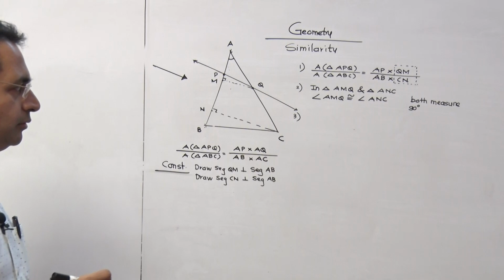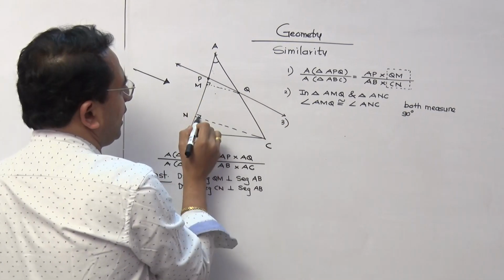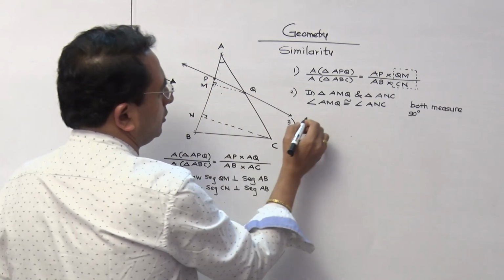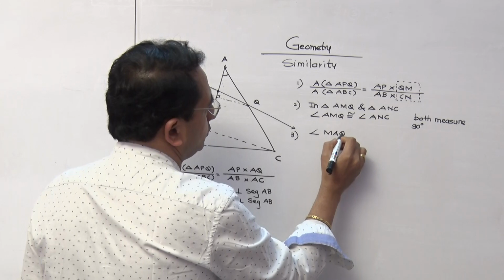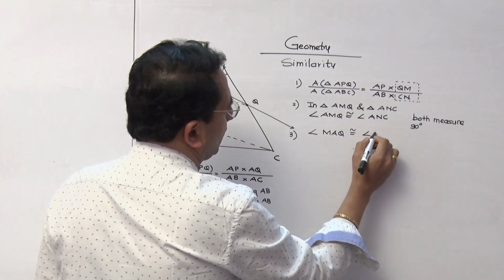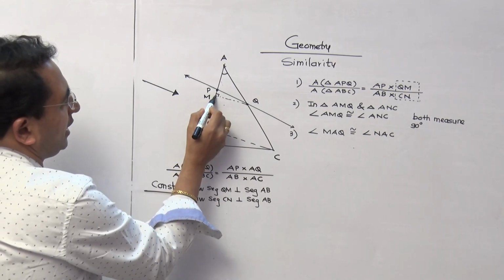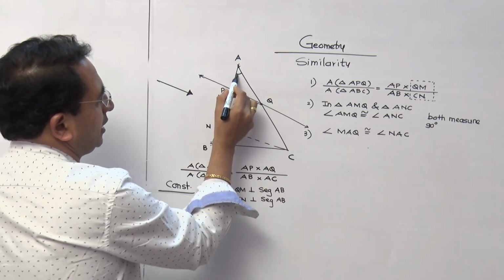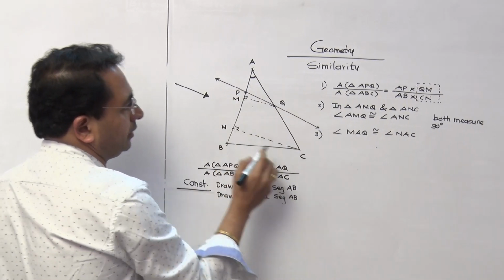Now the next one. Now we have written the 90-degree angles M and N. Now we have to focus on this. So I can write angle MAQ is congruent to angle NAC. Just check that. Angle MAQ is this angle and angle NAC is this angle.